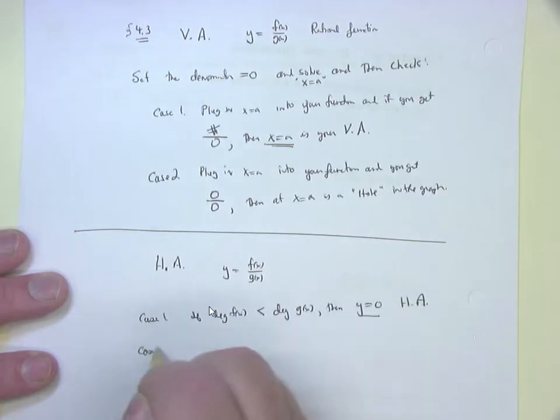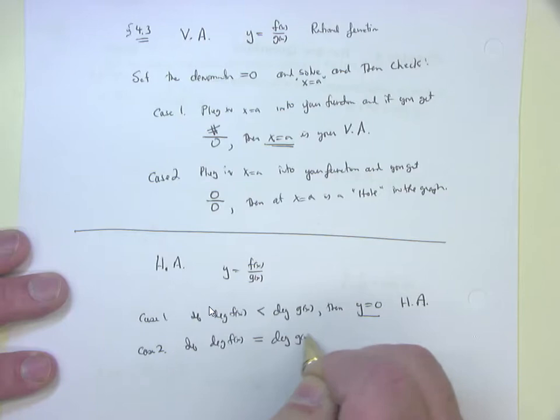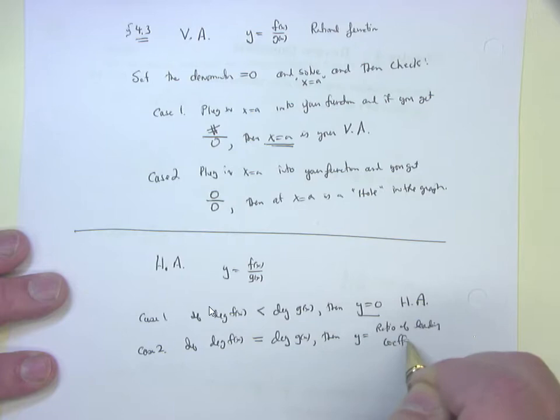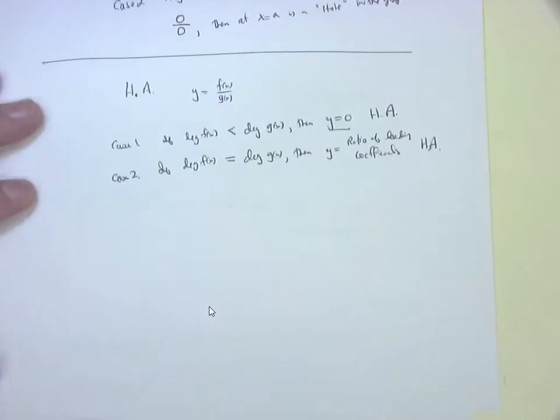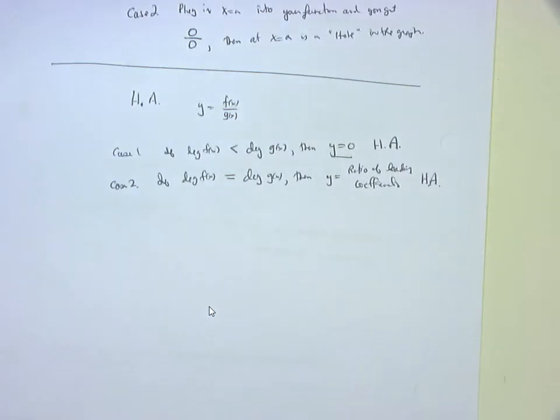Case 2: if the degree of f of x is equal to the degree of g of x, then y equals the ratio of leading coefficients is the horizontal asymptote. You take the leading coefficient of the numerator divided by the leading coefficient of the denominator.